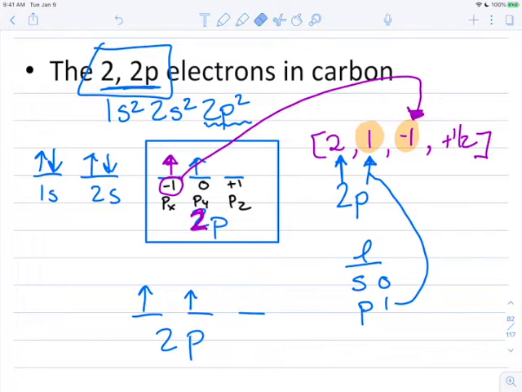Just one more. Oh, I can barely hear you. So could it also be like 1 up, 1 down, and then 1 up, but they're all in separate boxes? Yes, it absolutely can. So it can be this and like so. And something that's interesting is normally with no magnet, they can be in any random order, but if we apply a magnet, they will all align with the magnet.